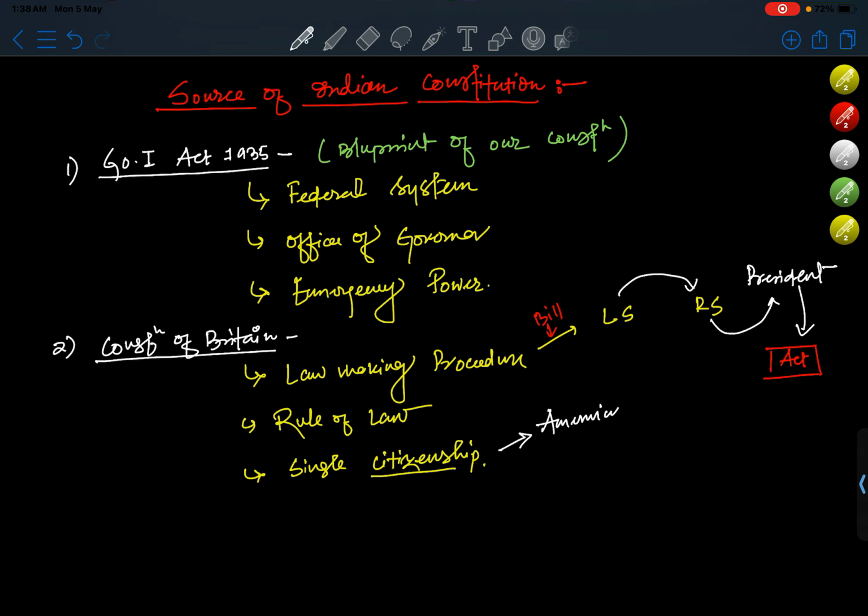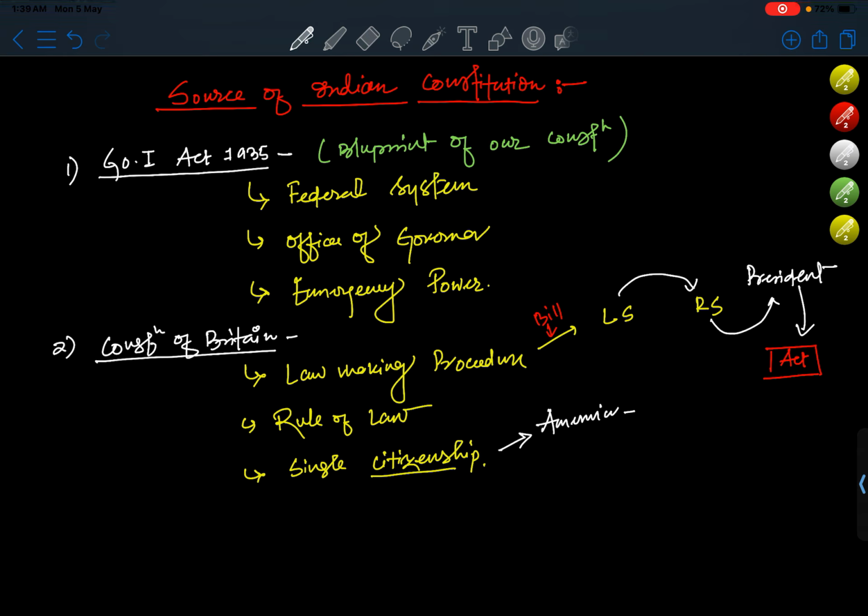In America, suppose you belong to a state called Seattle, or Seattle is a state or not, I don't know exactly. Whatever, take the name of a state, Pennsylvania.